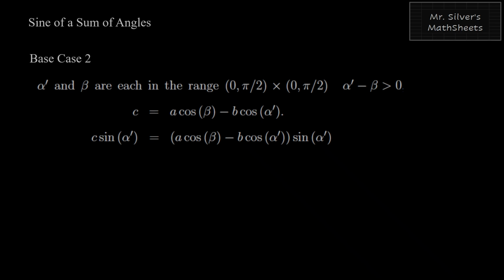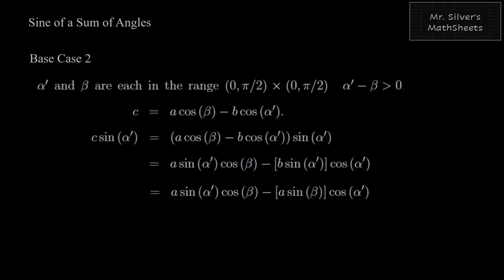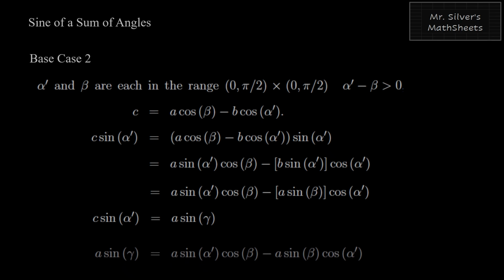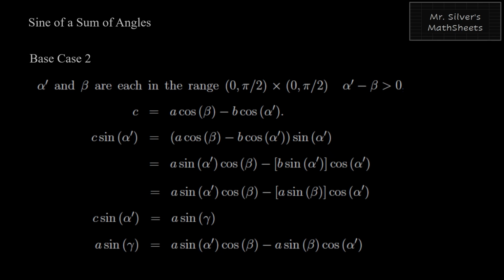Then we're going to combine the b and the sine of alpha prime, because we want to use the law of sines, and we're going to replace b sine alpha prime with a sine beta. Then we're going to use the law of sines again with c and a, and compare a sine of gamma with the term above.